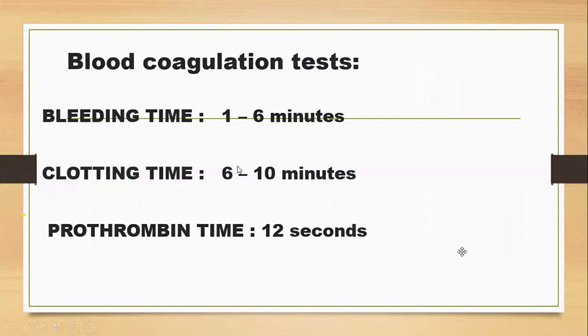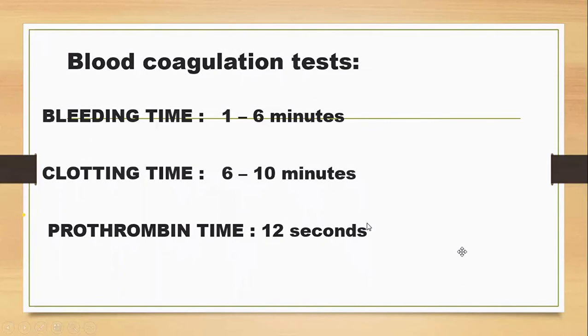Okay, so these are the tests for blood coagulation. Bleeding time is 1 to 6 minutes. Clotting time is 6 to 10. And pro time, or prothrombin time, is 12 seconds. Usually now, I think we test only for the pro time or prothrombin time.